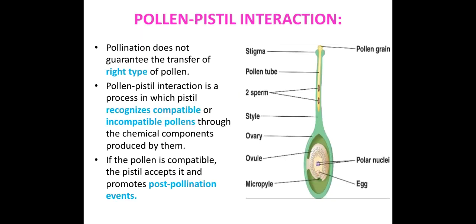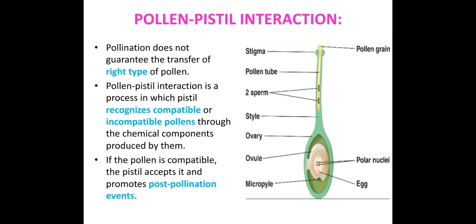Now we'll move on to the next topic under pre-fertilization structure and events, that is pollen pistil interaction. So what is pollen pistil interaction? Here there is some interaction going on between the pollen and the pistil. Pollen is the male reproductive part and pistil is the female reproductive part.